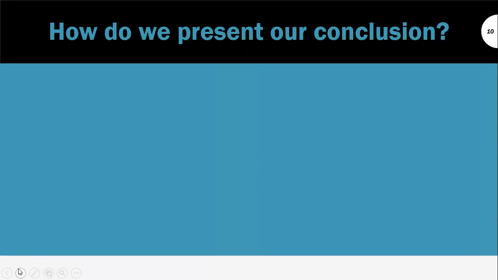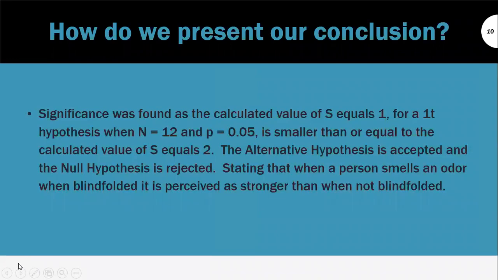Significance was found as the calculated value of S equals 1 for a one-tailed hypothesis when N equals 12 and P equals 0.05, is smaller than or equal to the critical value of S, which equals 2. We've got to put all that information in so they know exactly the level of significance, what N was. We need to tell them what the calculated value is, and what the critical value is. So we've put that there.